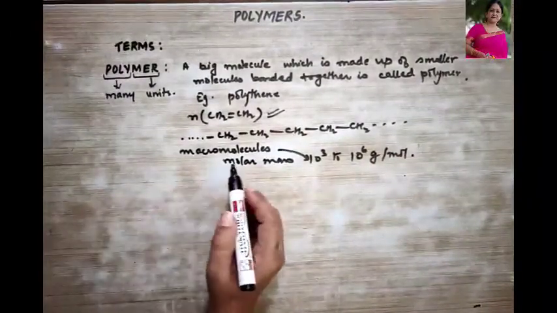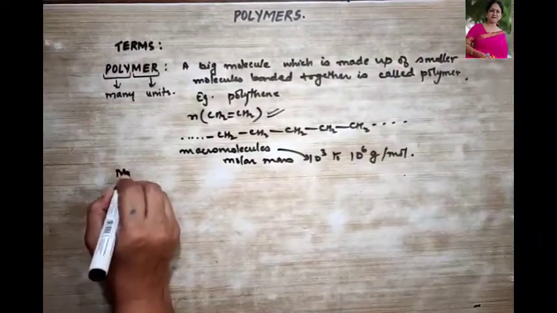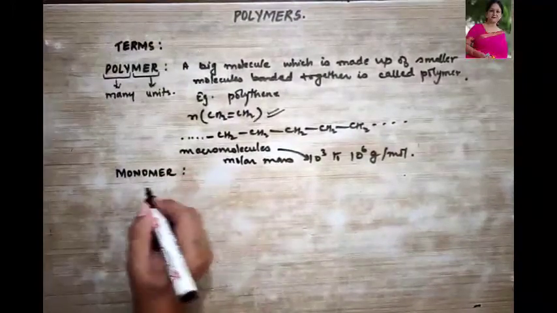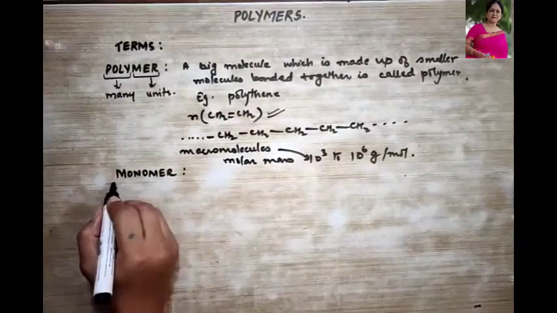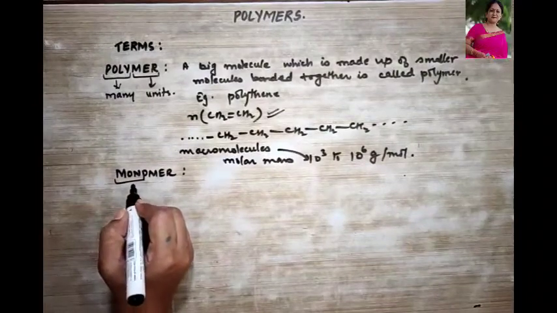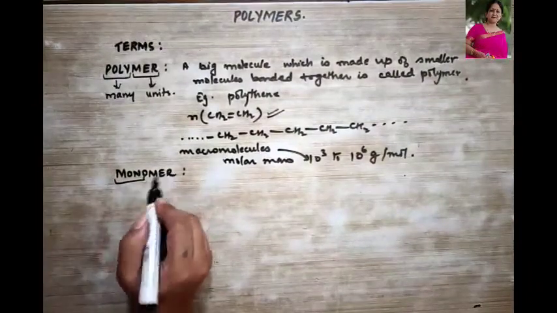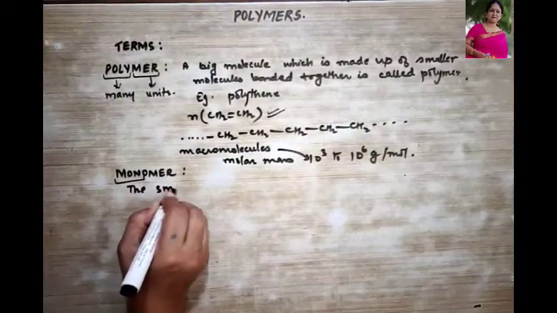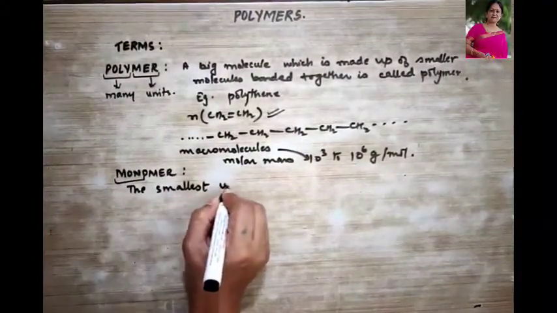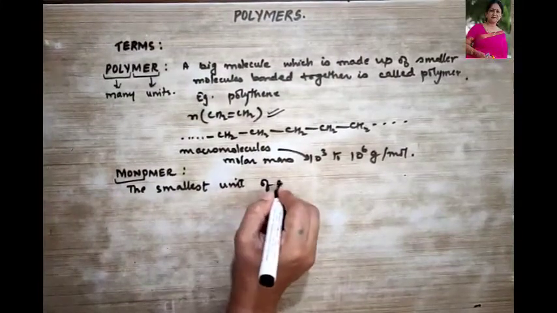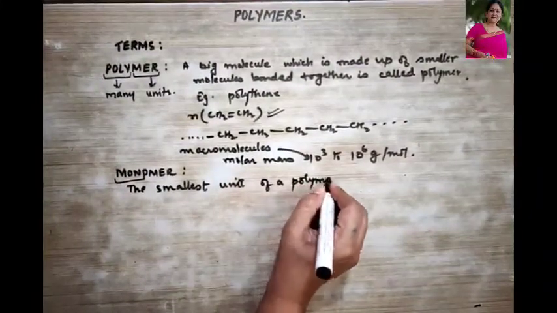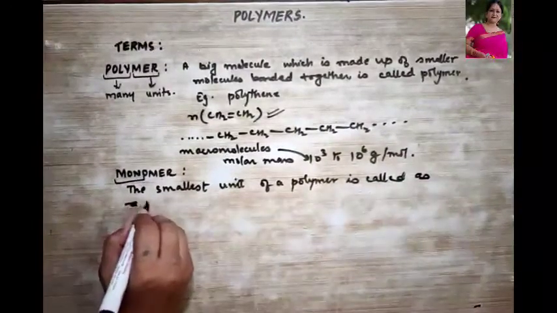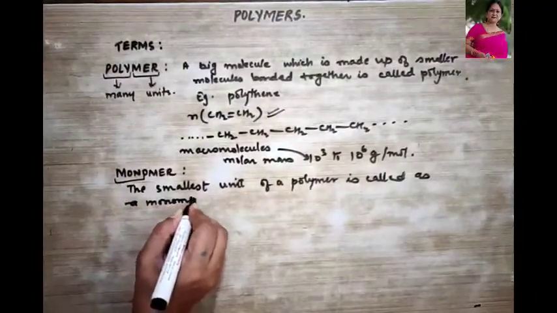Now let us come across another word, that is monomer. What is monomer? As the word suggests, mono means one. The smallest unit of a polymer is called a monomer, right?